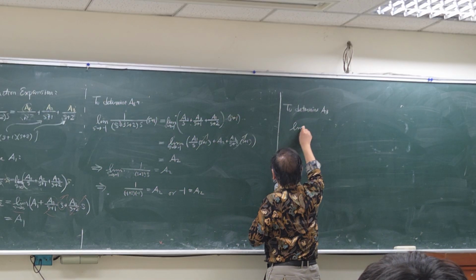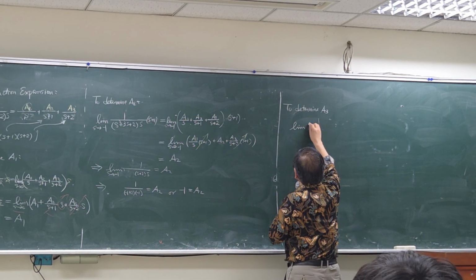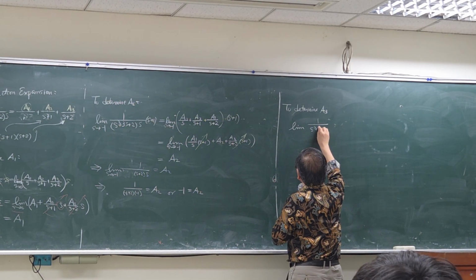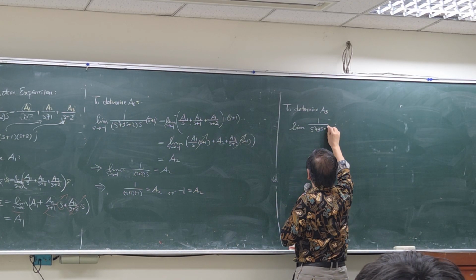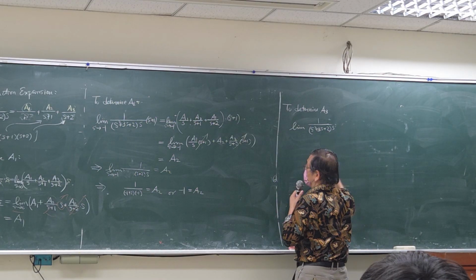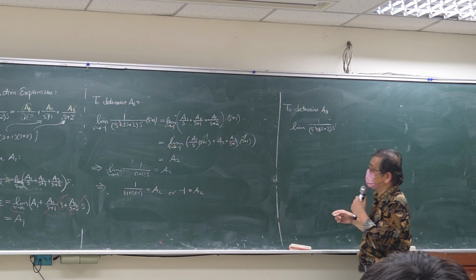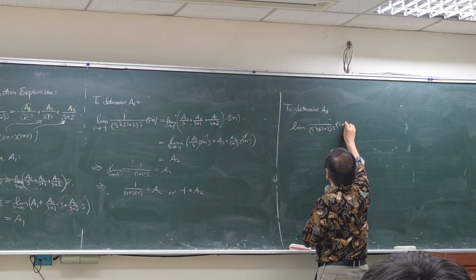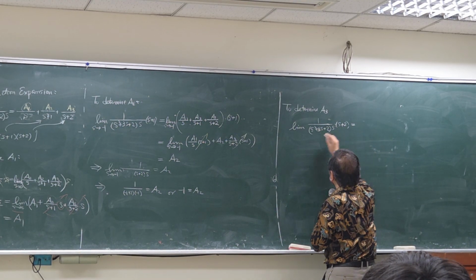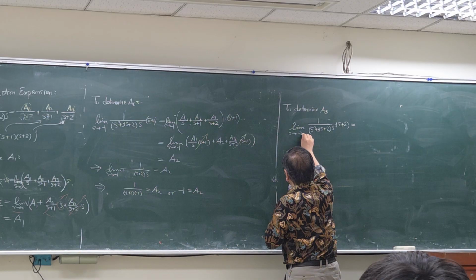Okay. So this time I'm going to multiply the entire equation by s plus 2. So let s approach negative 2.